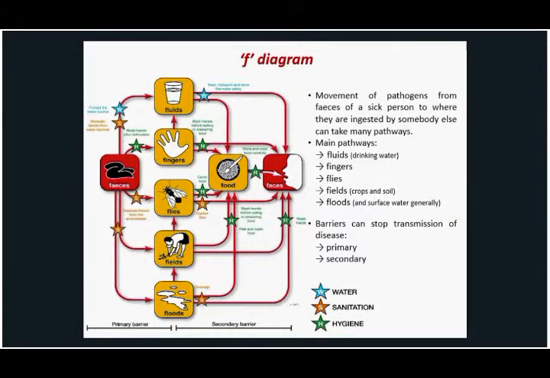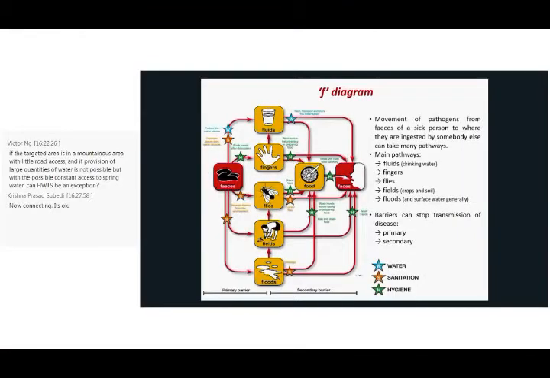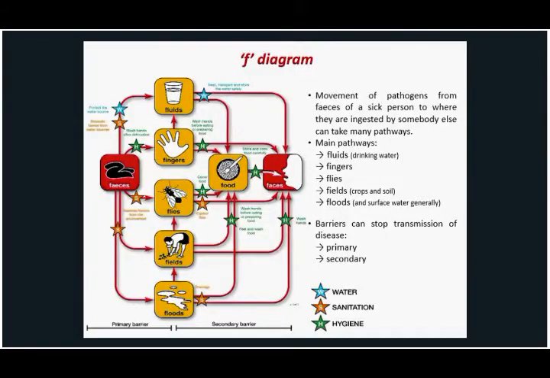And do you know how many rotavirus particles can be present in just 1 gram of feces? It is about 10 trillion, and you only need 100 particles to cause diarrheal disease.